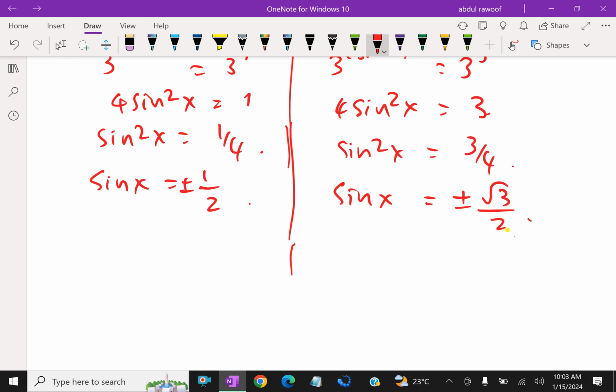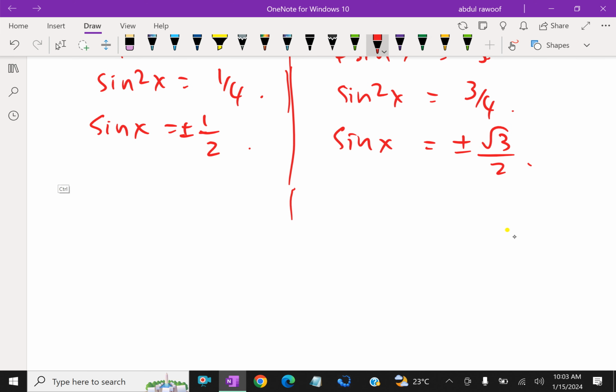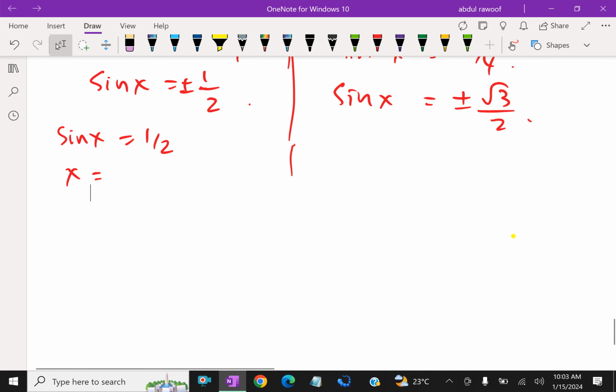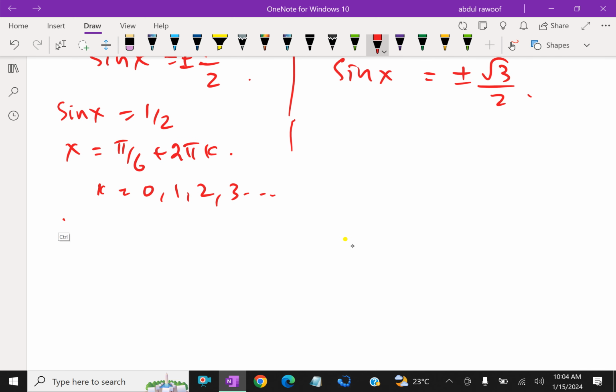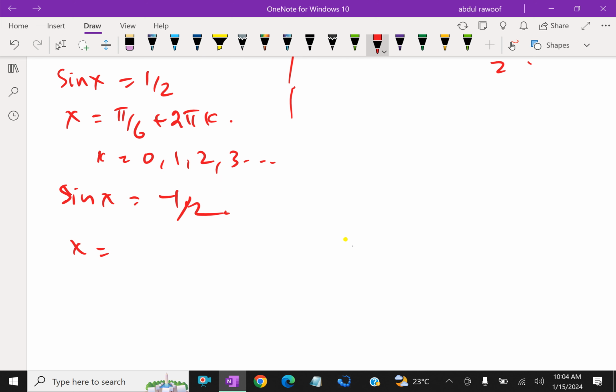First we talk about sin x equal to plus or minus 1 over 2. If sin x equal to positive half, then by the solution of the trigonometric equation table, x equal pi by 6 plus 2 pi k, where k is 0, 1, 2, 3, 4, 5, 6, whole numbers. If sin x equals minus half, then x equal to 5 pi by 6 plus 2 pi k.